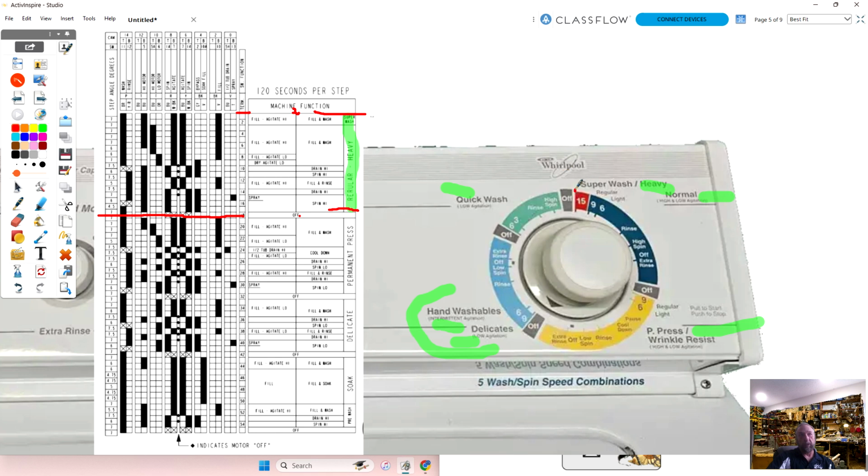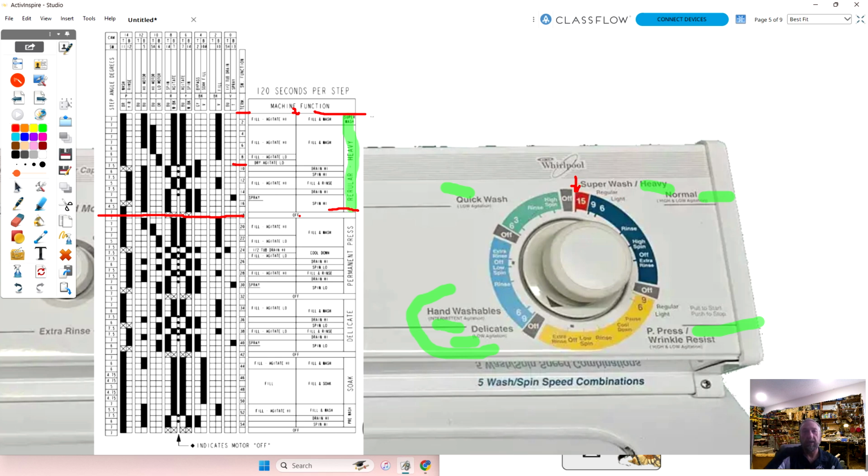If I picked out a point right here, the ending of that wash cycle, roughly where do you think it would be on this dial? I'll give you a hint. We're starting right at the beginning, 15.